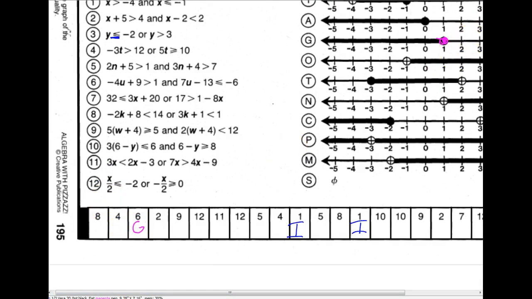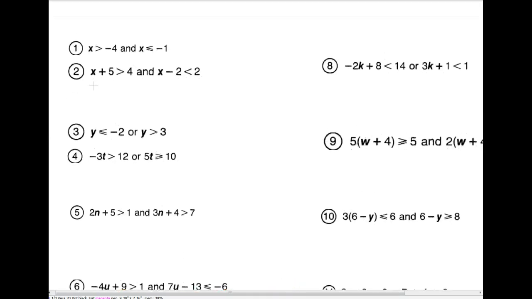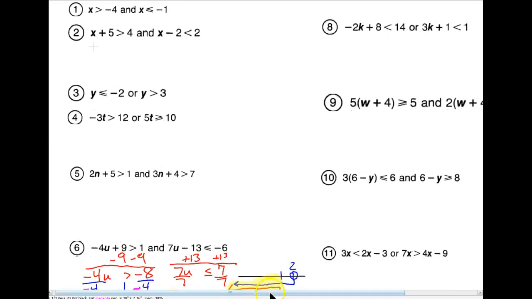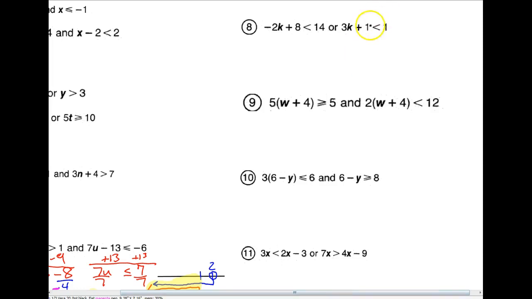I will point out one other problem. I think that the second part of number 8, a few people have gotten stumped on this. Well, actually, I'll do the first part as well. This is the format that really works all the time. Whatever number is being added, subtracted, you do the opposite. Cancel it out, bring it down.